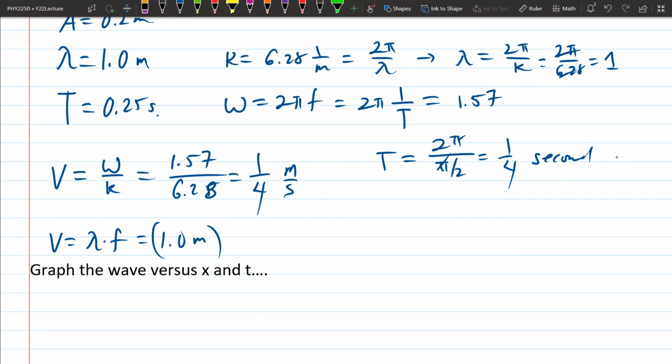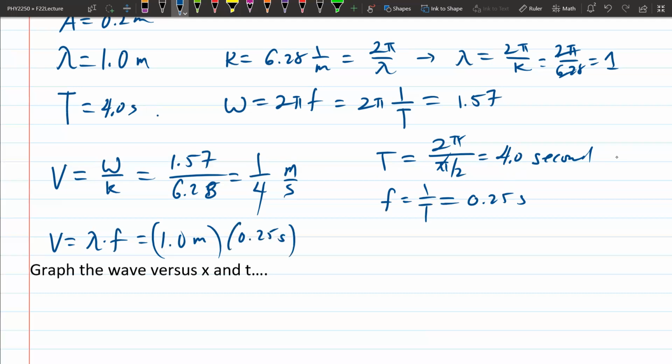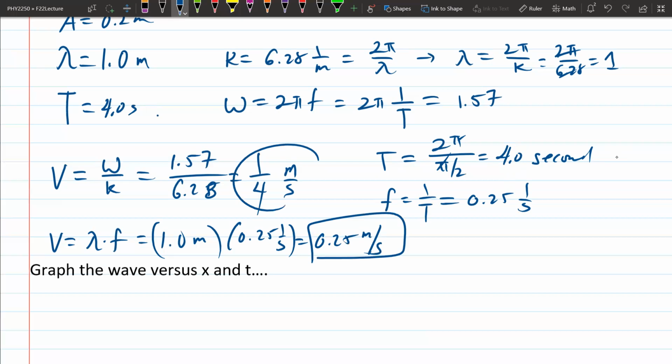So the period is actually 4 seconds, not 1/4 of a second. Made a bad algebra mistake, sorry about that. And then the frequency is 1 over the period, and therefore that's 0.25 1 over seconds. And therefore actually 0.25 meters per second. Notice that whether I use omega over k or lambda times f, I get the same answer.